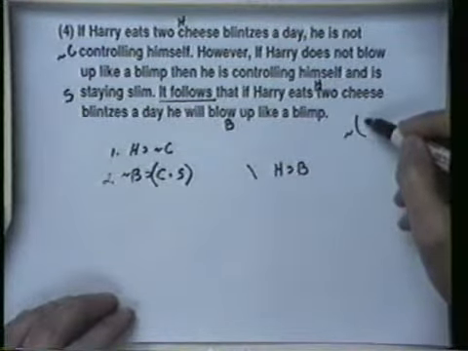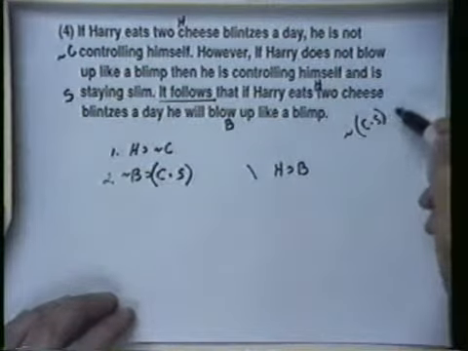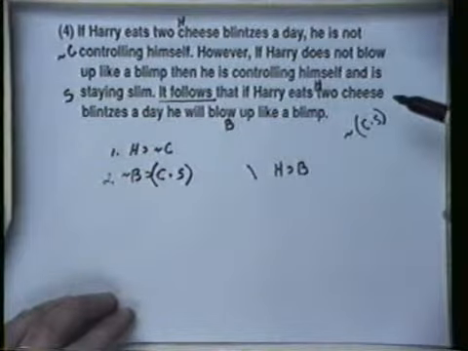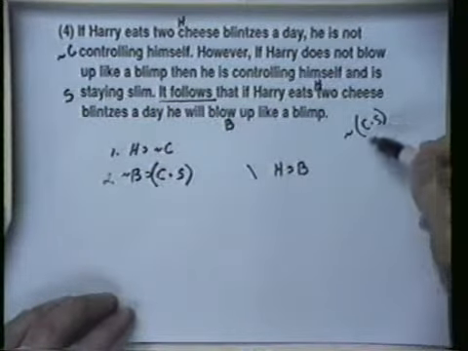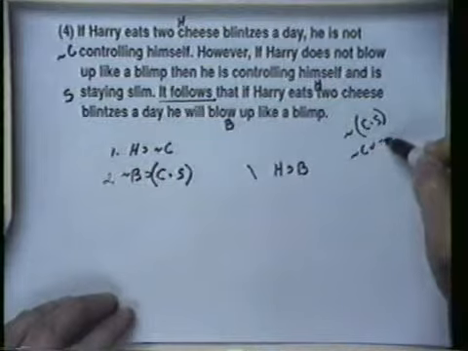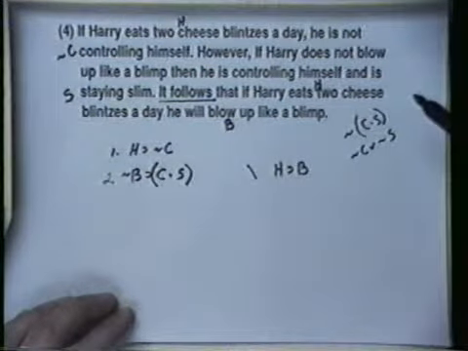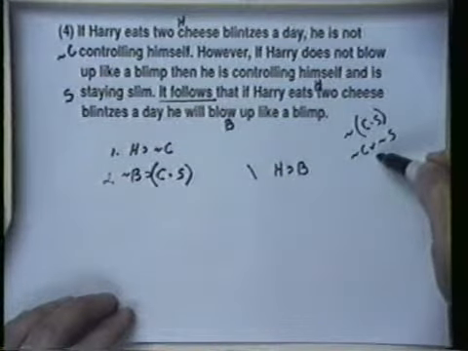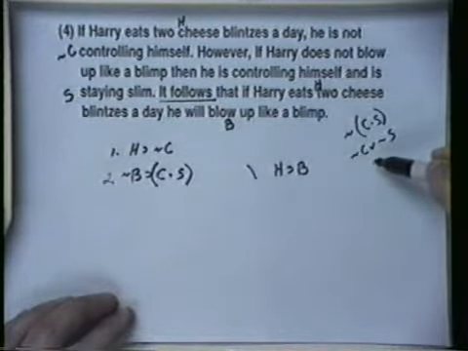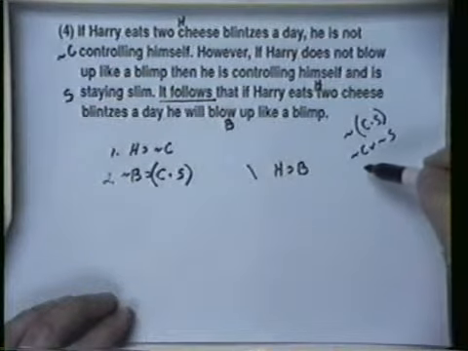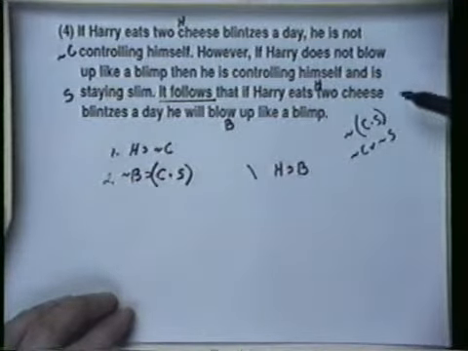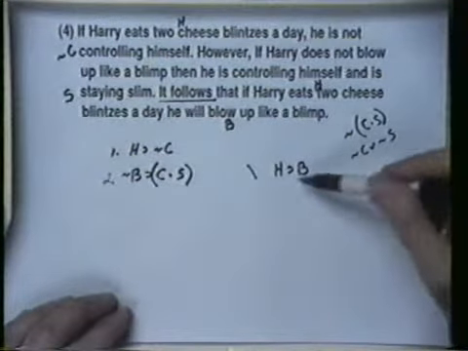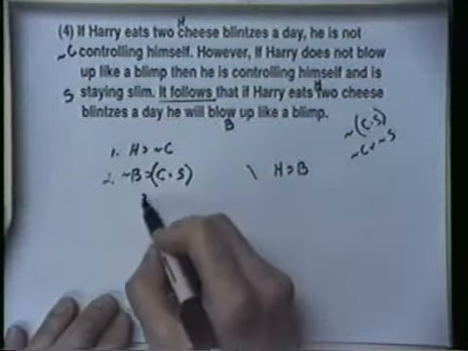So if we had not C and S, we could use modus tollens on line 2 to get our B. And of course, not C and S is equivalent to not C or not S. And we've already said that it is possible for us to get not C. Therefore, it looks like conditional proof as a strategy will very quickly allow us to get the goal sentence B to end the subderivation. And so it looks like we should go with this idea.